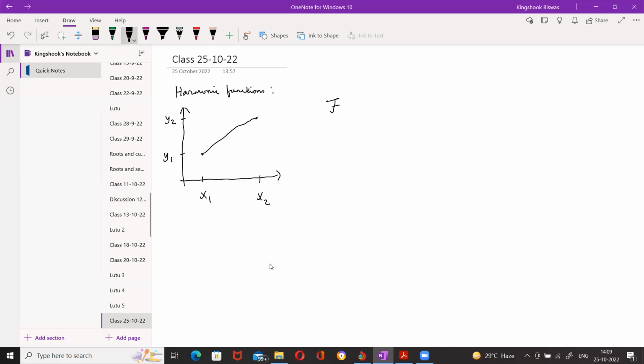So let me call this script F the set of all f from [x1, x2] to R such that f(xi) = yi, i equals 1, 2, and f is convex.